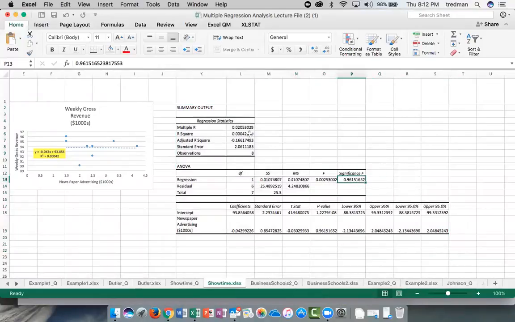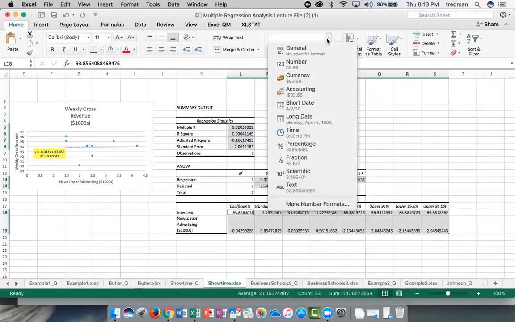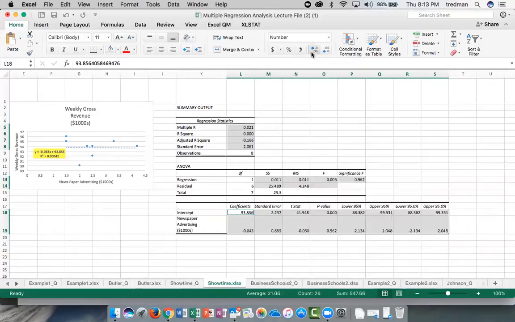I don't like all of these decimal places, so I'm going to set all of them to 3 decimal places. And here you see the R-square value. At 3 decimal places, it's too small to even show.